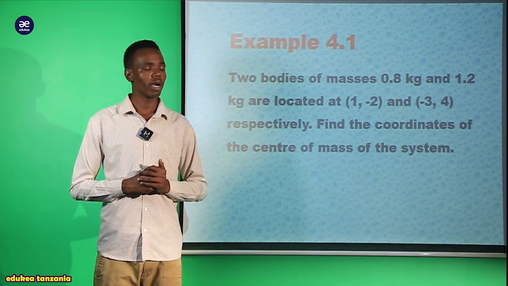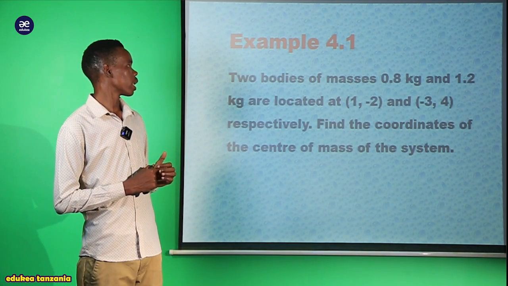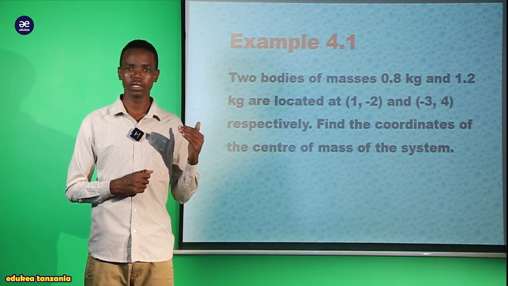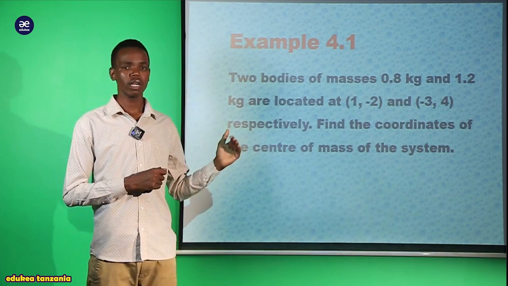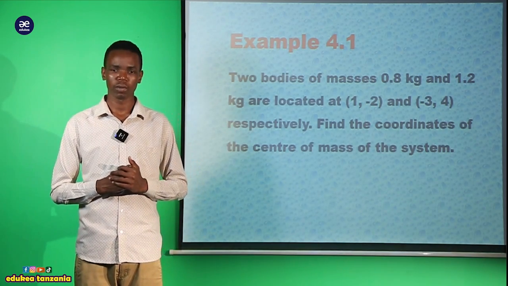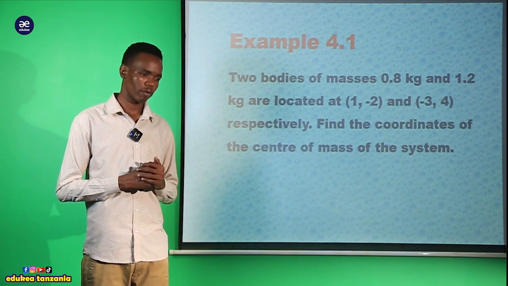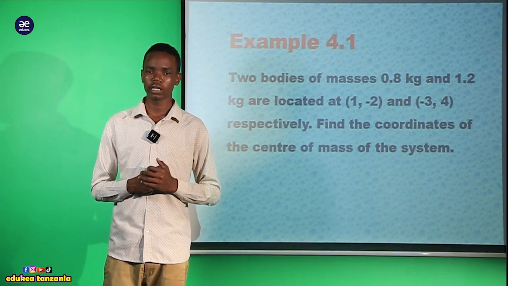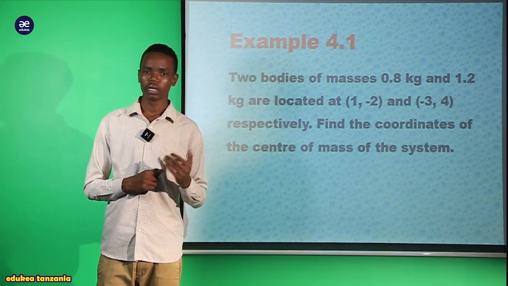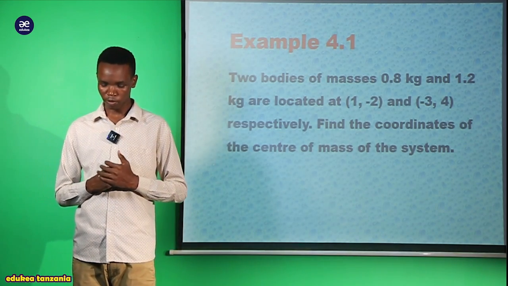So we have our example number 4.1. This is example number 1 on our topic 4C from the book of the TIE, the Tanzania Institute of Education. This is our first example for this topic.